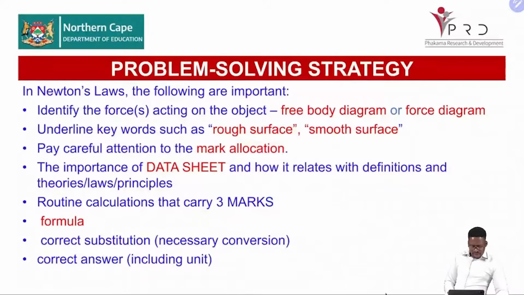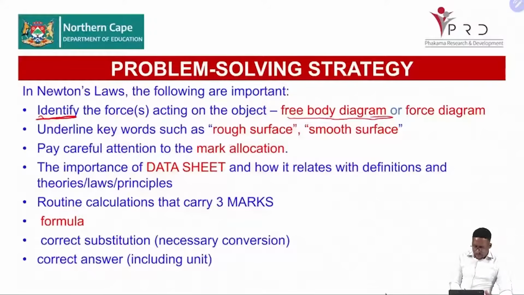Then, I have alluded to you that you will have to perform calculations. But the structure of this question is number 1, a definition. Then number 2, a free body diagram. And for us to draw a correct free body diagram, you should be in a position to identify the forces that act on the object.